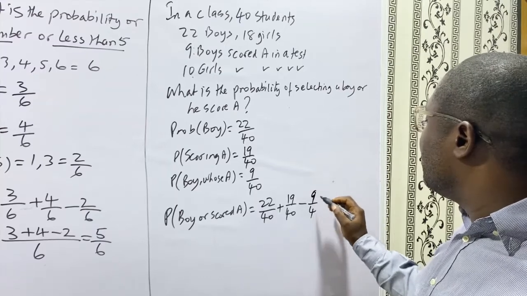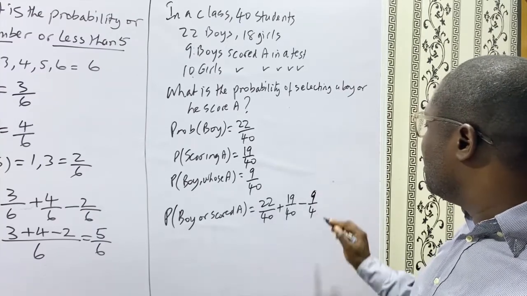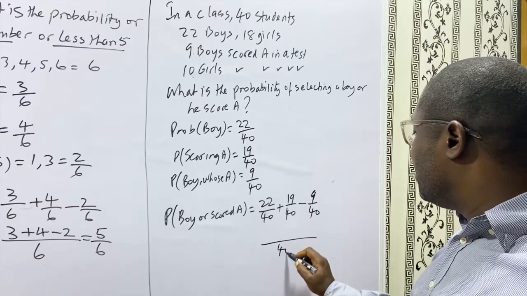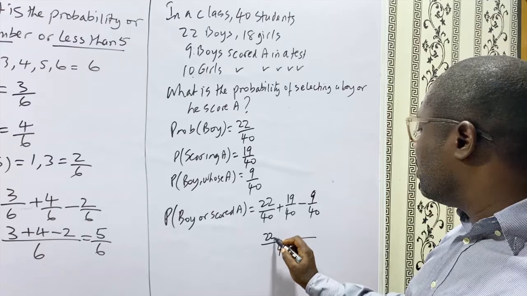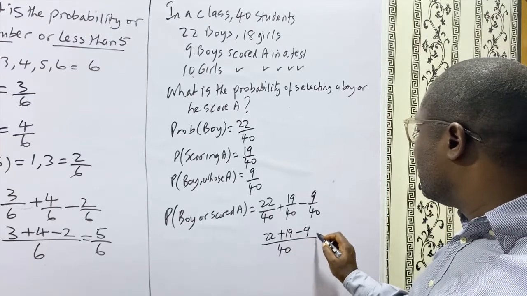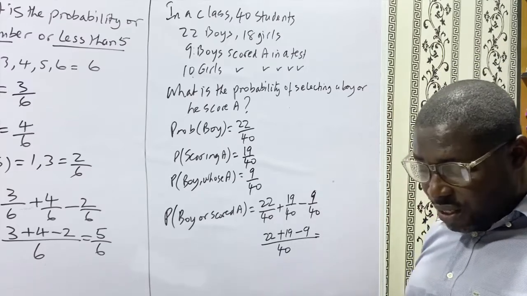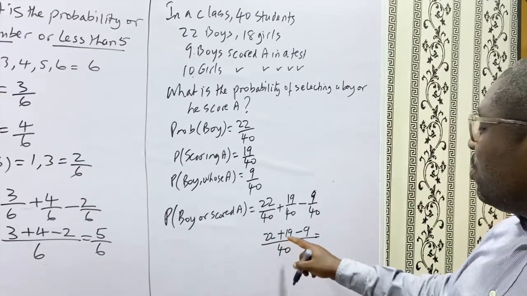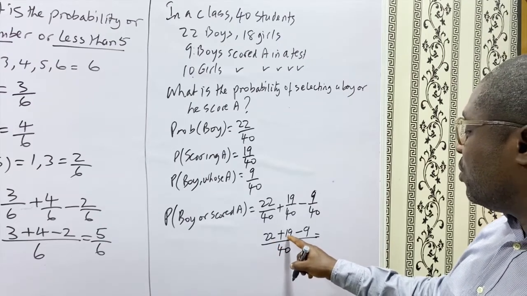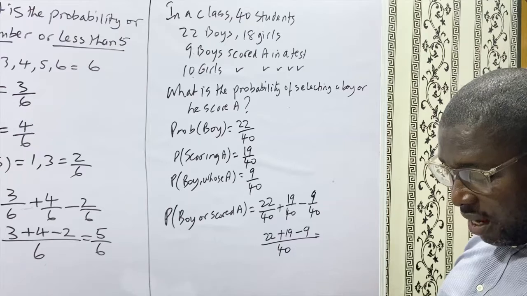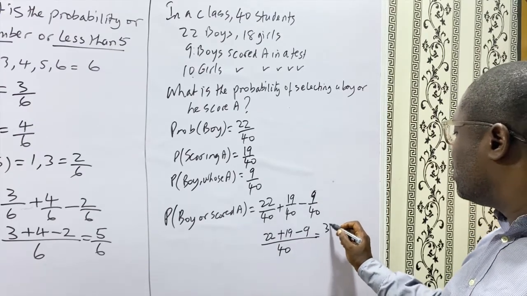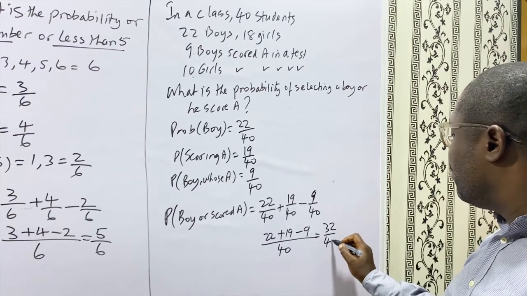That is the boy that scored A, 9 all over 40. If we find the LCM of this, we're going to have 22 plus 19 minus 9. 22 plus 19 will give us 41. 41 minus 9 will give us 32. So 32 all over 40.